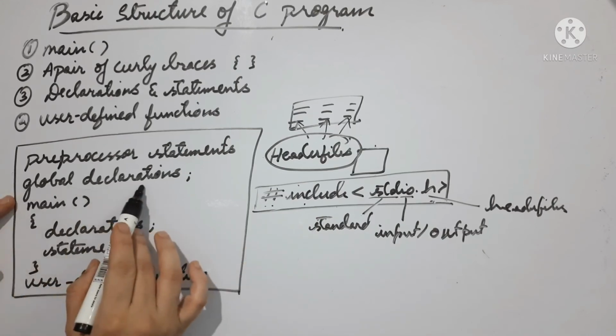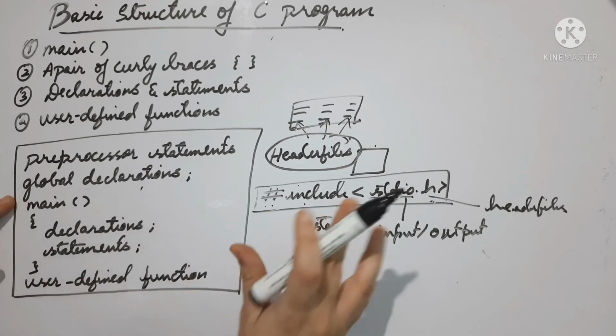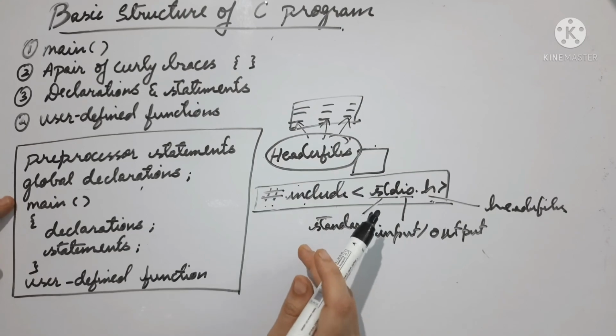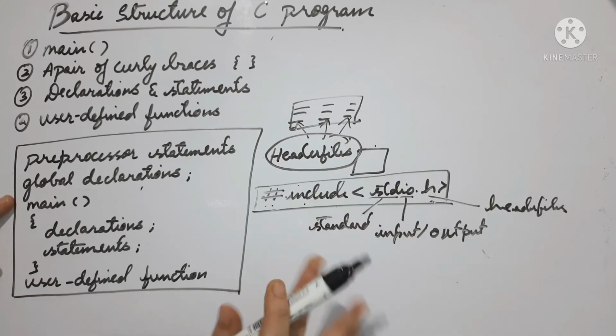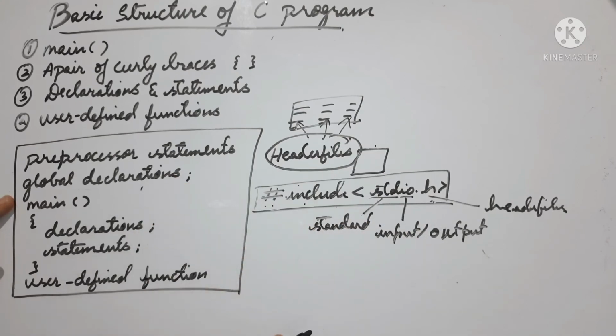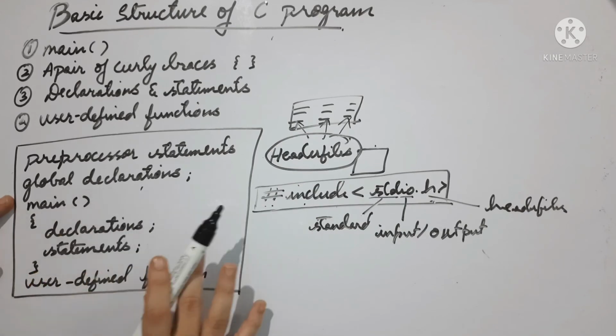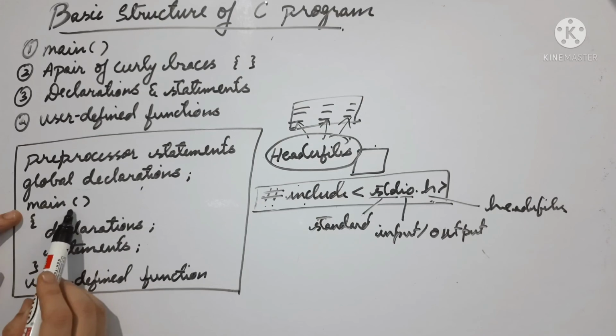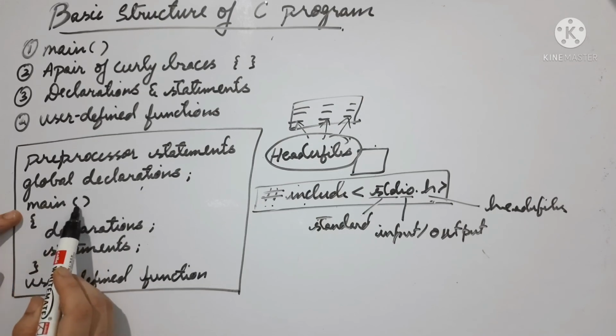Next we have global declarations. What are these global declarations? Declaration means you will be telling the C program that there are certain values which you can use throughout the entire program. Then we have main, with round brackets.